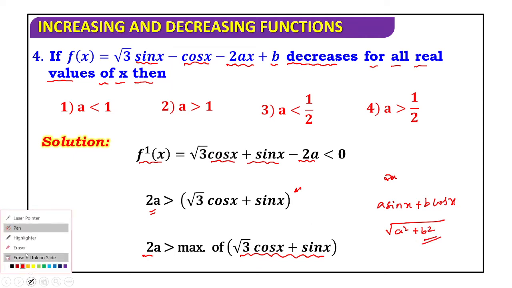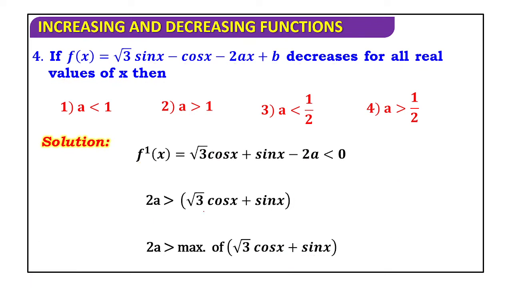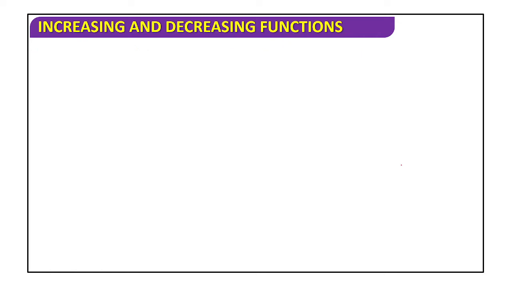So now here you can understand one thing, that 2a must be greater than the maximum of root 3 cos x plus sin x, which means 2a must be greater than root 4, that is nothing but 2. Okay, so now a must be greater than 1.